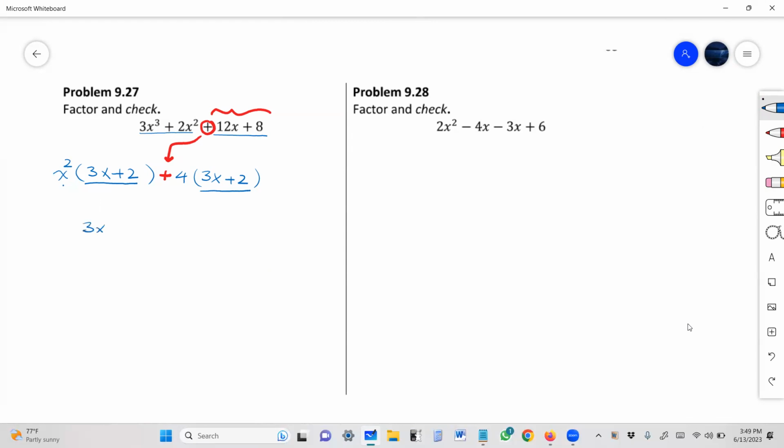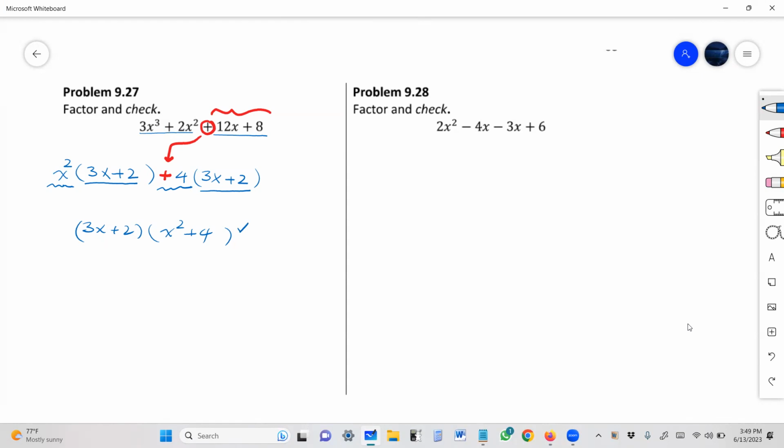You will factor that out, open and close parentheses. The terms that go into the second parentheses are the two terms above my squiggly lines: x squared plus 4. And that's it.